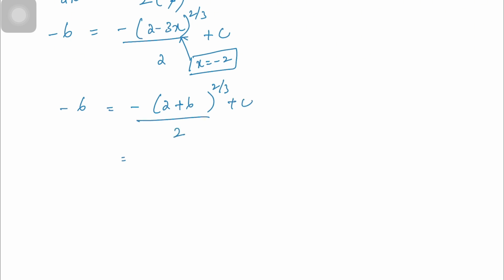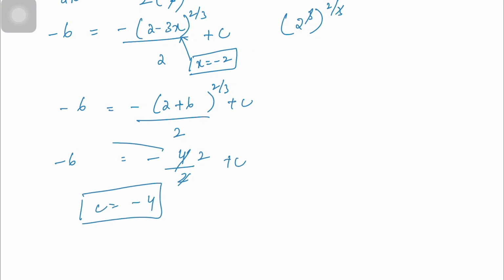This would be 8, and 8 is basically 2 power 3. So this would be cancelled out. This would be 4, and minus 6, minus 4 over 2. This would be cancelled out. So this would be simply written as negative 4. This would go over there. So c would be negative 4.